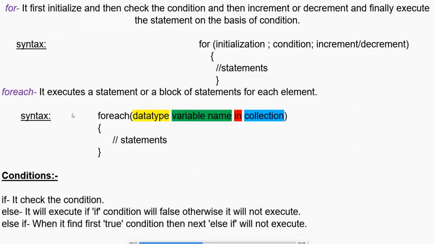Now we have the foreach loop. To use the foreach loop, what's the syntax? foreach, then data type, then variable name, and then in collection. In upcoming videos we will learn collections like list, and also arrays.